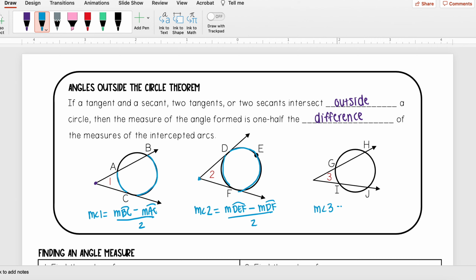So it's going to be the measure of my bigger arc, HJ, minus my smaller arc, which is GI, divided by 2. So mainly the important thing to remember here is that the angle is equal to big arc minus small arc divided by 2.